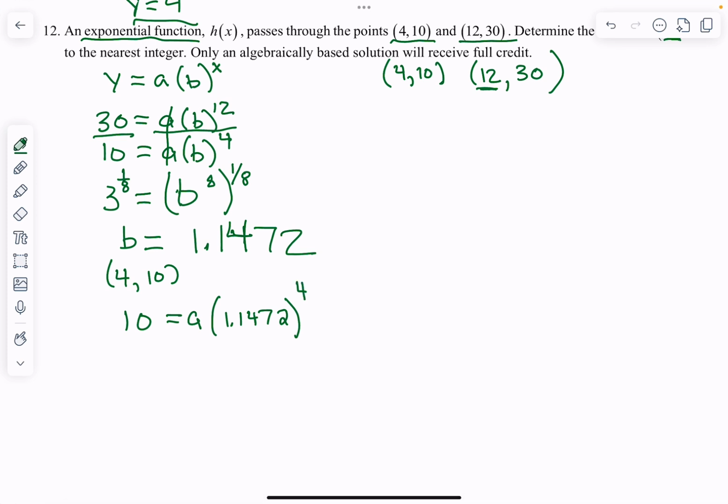So I'm going to divide both sides by 1.1472 raised to the 4th power, and that'll give me what a is. So I'm going to do 10 divided by 1.1472 raised to the 4th power.